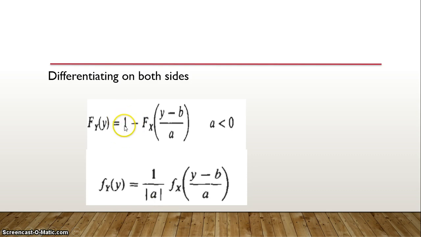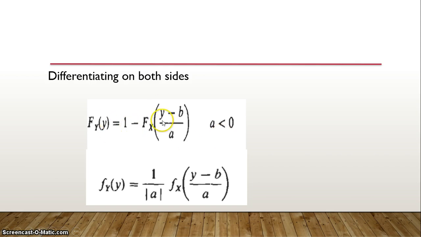Differentiation of a constant is 0, and minus Fx of y minus b by a gives the density function fx of y minus b by a, into the differentiation of y minus b by a, which is just 1 by a. When a is negative, this is the case.